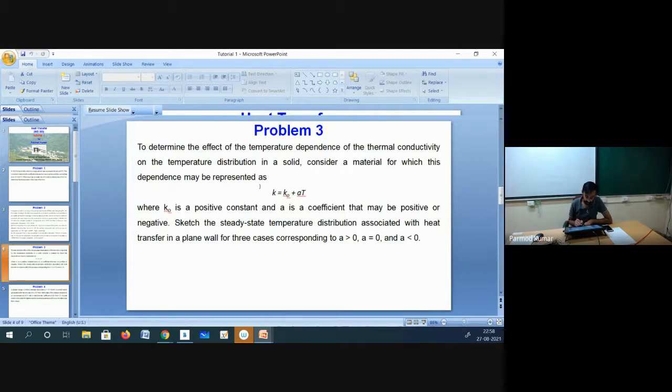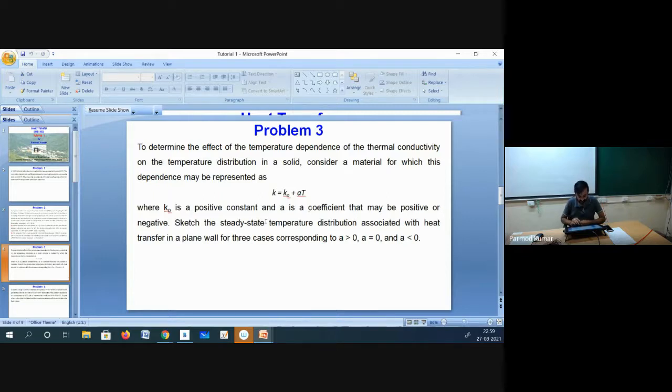Consider a material for which the dependence may be presented as K equal to K naught plus alpha T. So over here, thermal conductivity is given as a function of temperature. Okay, where K naught is a positive constant and alpha is a coefficient. This is a typo, it should be alpha. Alpha is a coefficient that may be positive or negative.